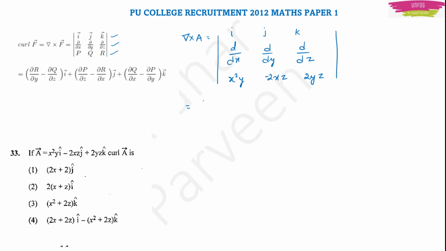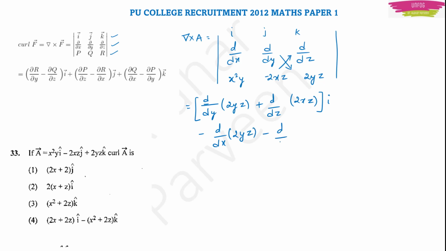How I solve it? Write it like this. First you write this thing, right? d by dy of 2yz plus d by dz of 2xz. This is into i. Then you write minus d by dx of 2yz minus d by dz of x square y.